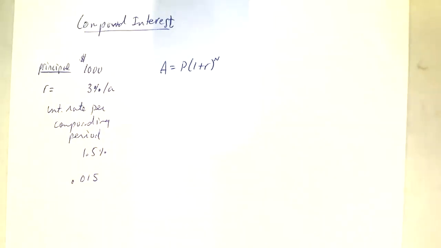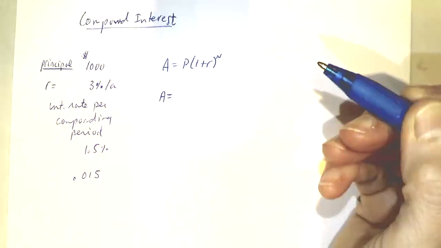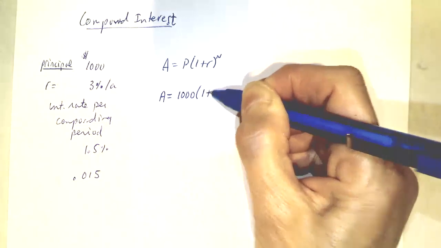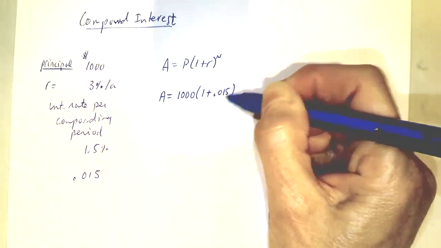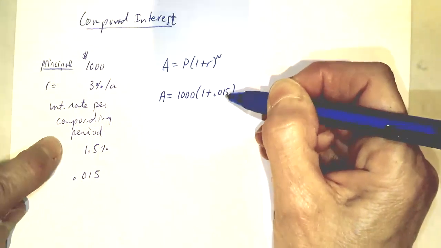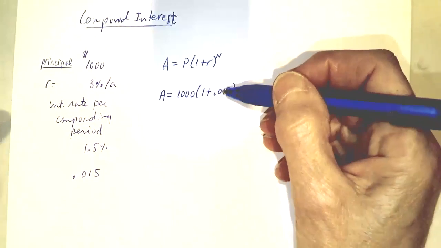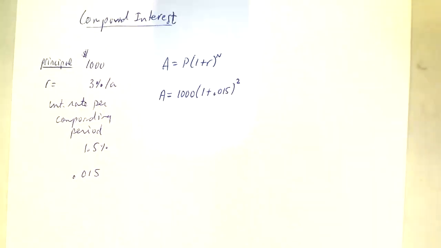So you can use this little formula because what it allows you to do is figure out how much money you would have at the end of a year. You put $1,000 where the P goes. You put the 0.015 because that's the interest rate per compounding period for 6 months. And of course, if money is compounded twice a year, then I would put a 2 here for the total amount of times it's compounded.